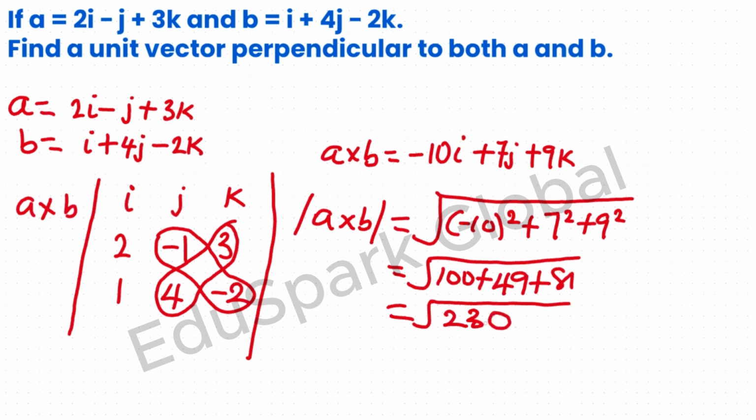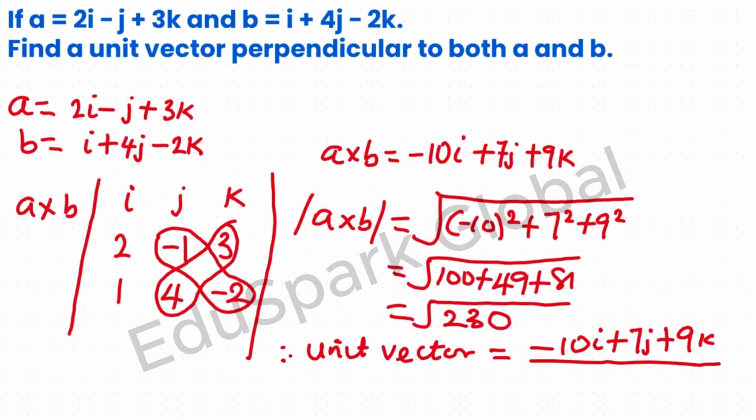Now, to get the unit vector, we have to divide the product by the magnitude. So the unit vector equals the product, which is -10i plus 7j plus 9k, divided by the magnitude, which is root 230.